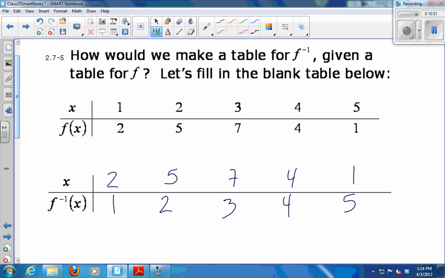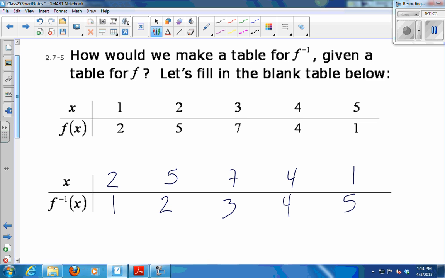Yes, that is a fantastic observation. One of the things we talked about with functions is that the definition of a function is that each input has to have exactly one output, but it was okay to have more than one input go to the same output.